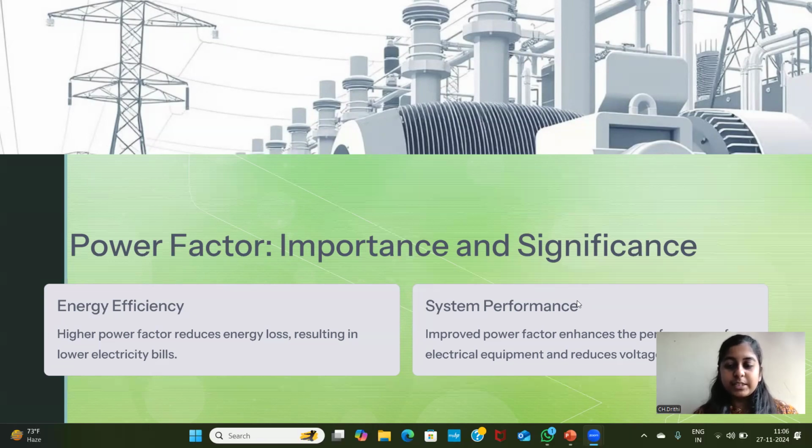Next, system performance. Improved power factor enhances the performance of the electrical equipment and reduces voltage drops. By this, we can know that power factor plays a major role in safeguarding the equipment. So, because of this, we need to increase the power factor to the level we can.